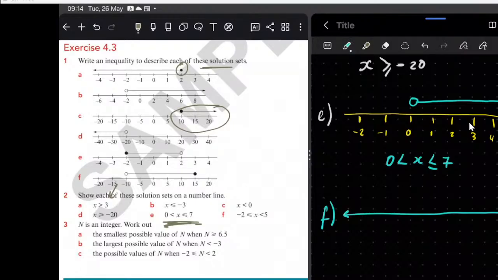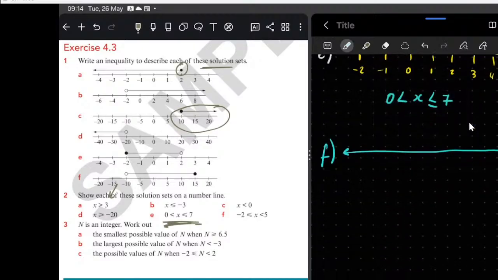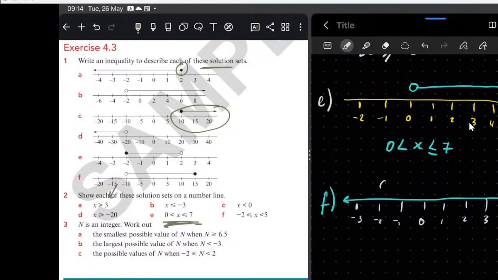I want quick responses like that of somebody paying attention. At -2 and at 5. So -3, -2, -1, 0, 1, 2, 3, 4, 5. We put our circle at -2 and at 5. Then you join them.